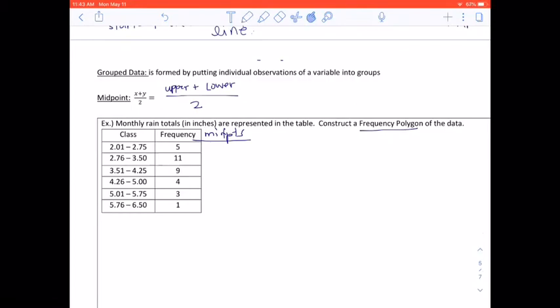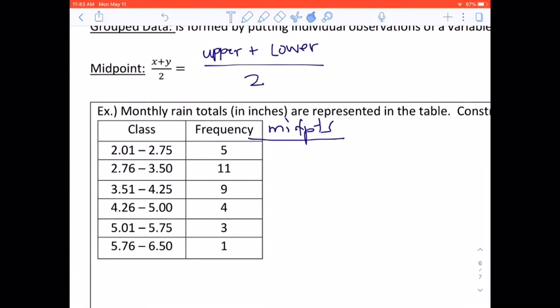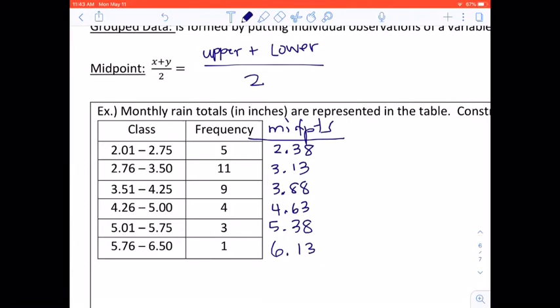We covered this back in the previous sections. So to do that, we get 2.38. We get 3.13. We get 3.88. We get 4.63. 5.38 and 6.13.